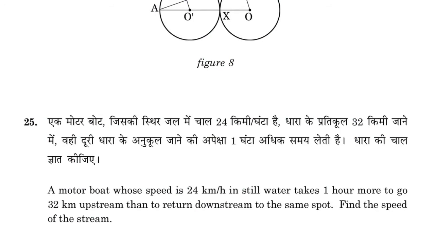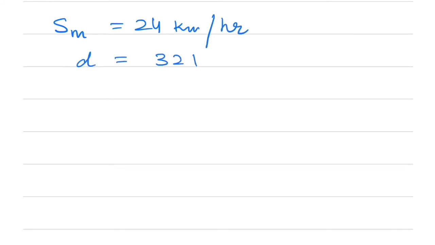Question number 25. In this question, we are given the speed of motorboat in still water is 24 km per hour, and distance is equal to 32 kilometers, and we have to find the speed of stream, and we are also given that time to go upstream is more than time to go downstream by 1 hour.